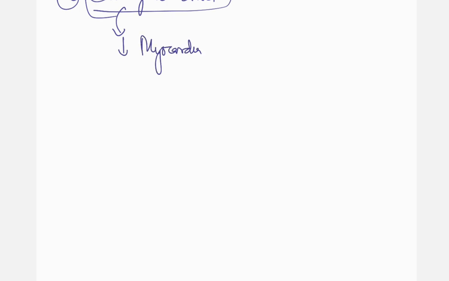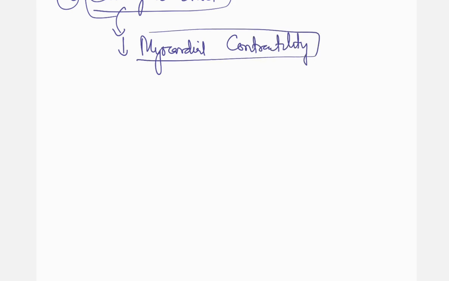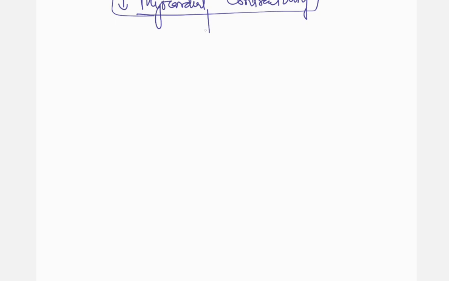Let us describe briefly what cardiogenic shock is. Actually, this cardiogenic shock is usually caused by decreased myocardial contractility. And here again, when the heart is not pumping sufficiently, what happens?